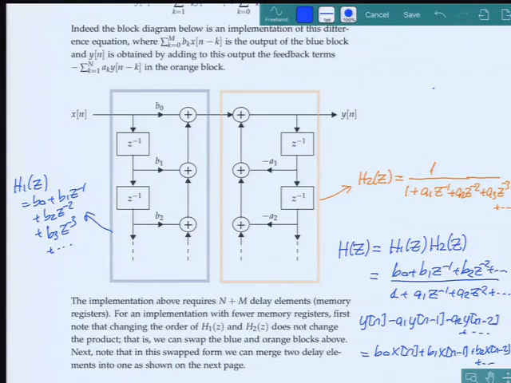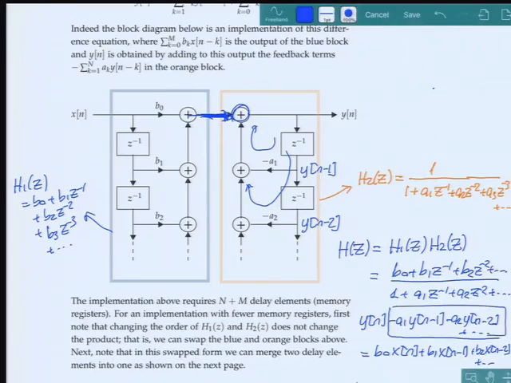Z inverse means delay, so this becomes y of n minus 1. And this is y of n minus 2. If you focus on this summing junction here, this is telling you that y of n is this signal, don't worry about it for now, minus a1 z inverse and a2 times z to the negative 2. Basically, this summing junction is giving us all these terms here.